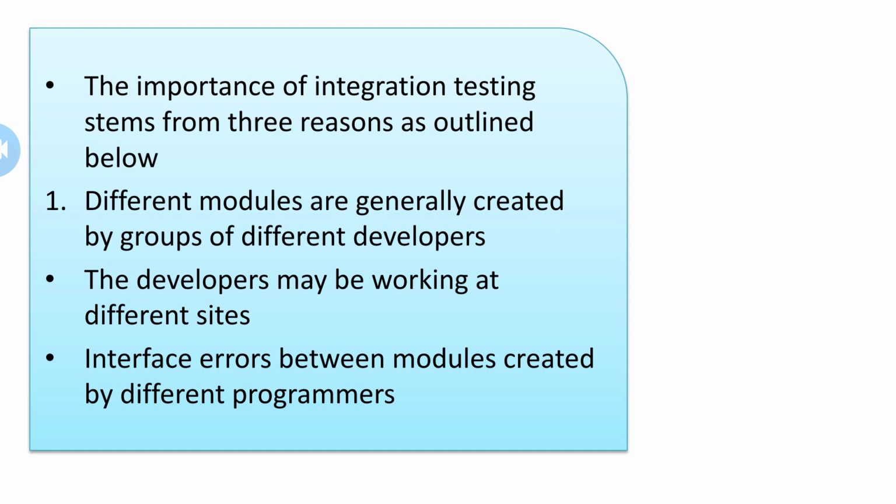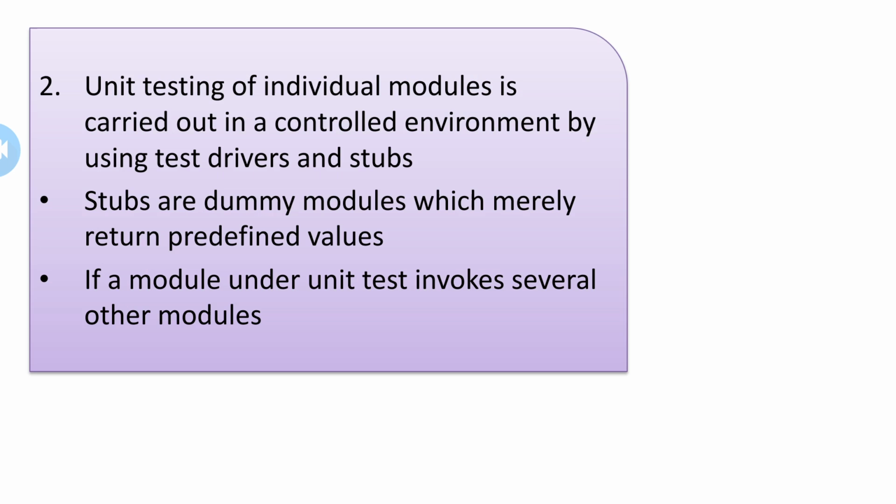Now it's time for me to execute and check them. So there would be an interface error when the three modules are combined together, because all three were done by different developer teams.